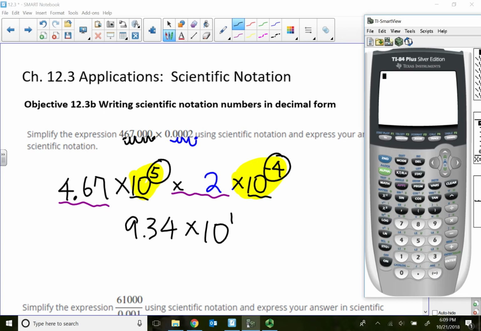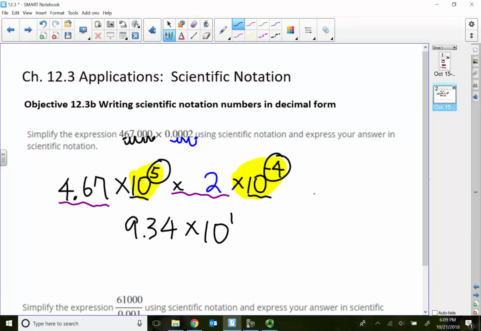Now what happens if I just put this in the calculator? 467,000 times 0.0002 would simply give me 93.4. Looking from the 93.4 perspective, to write this in scientific notation, it has to be something times 10 to some exponent.